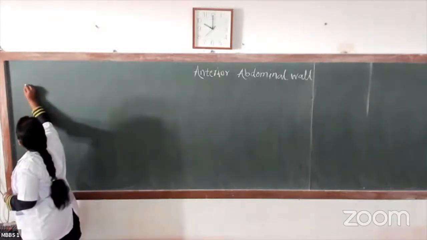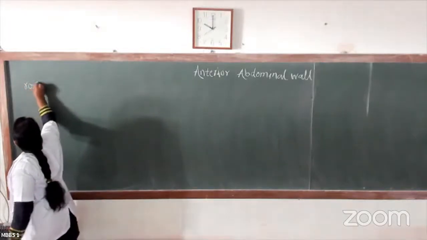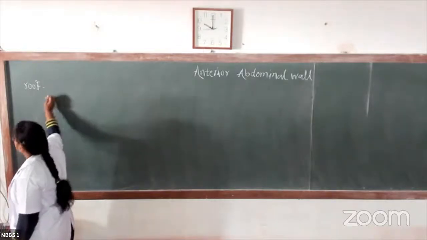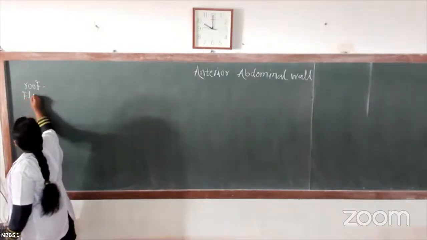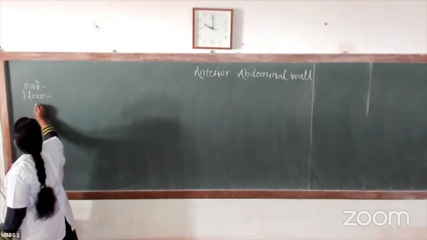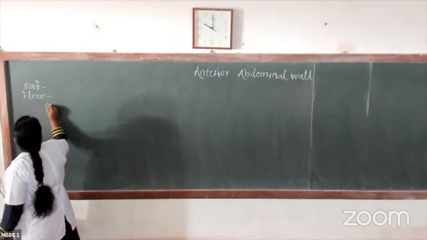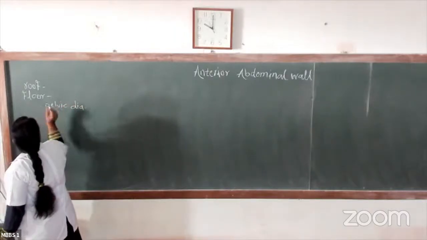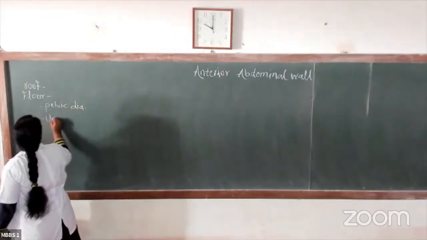So it has a roof which is formed by the undersurface of the diaphragm. The floor is formed by the pelvic diaphragm and urogenital diaphragm.